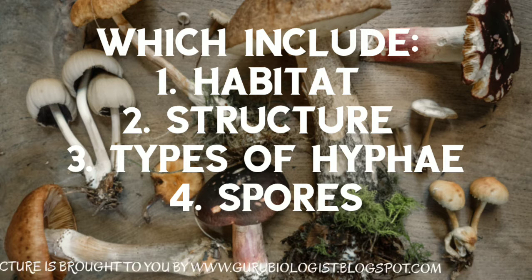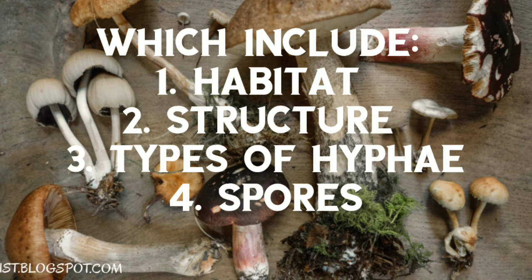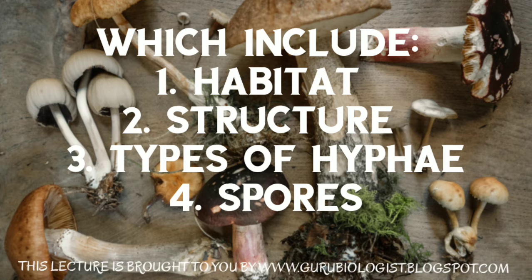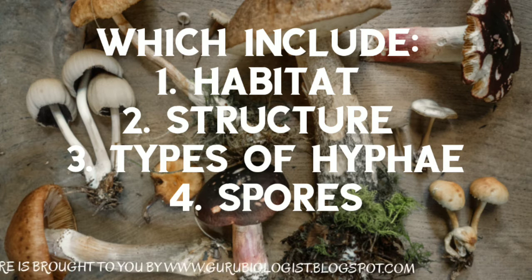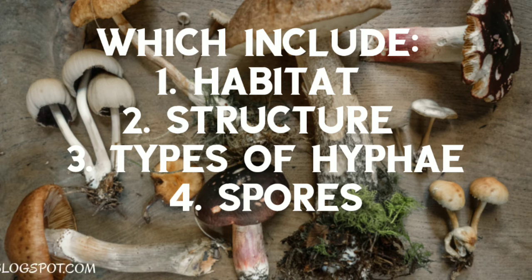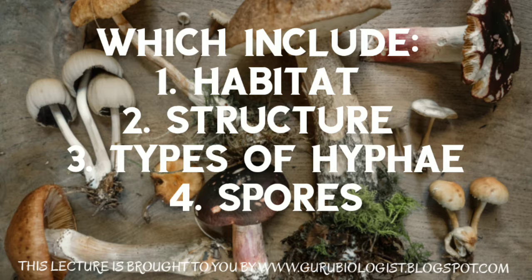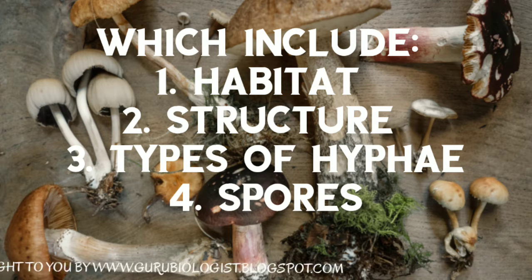Classification on the basis of hyphae was a convenient method of classification in the 1940s. So, fungi can either be unicellular or have hyphae. Like we have discussed, the yeast is the unicellular fungi, or the hyphal fungi.